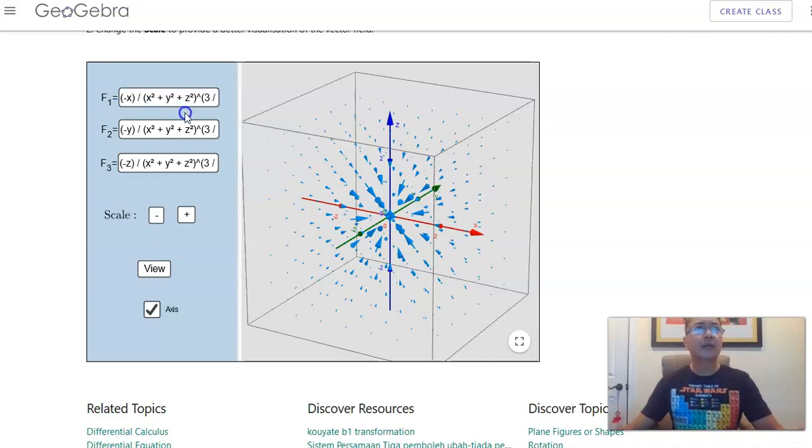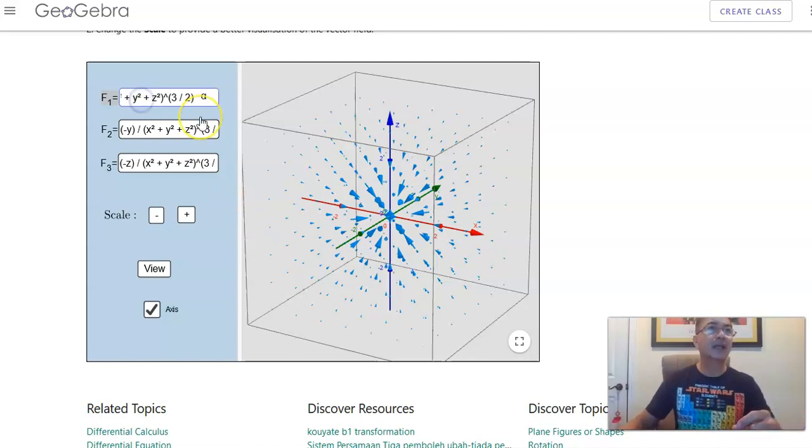So yeah, this is going to appear in a few minutes because we're going to look at the gravitational field. So it is defined everywhere except at the origin, because now we're going to be dividing by 0. But the closer you are to the origin, the bigger the number is, because when you divide something by something close to 0, you get something very large.